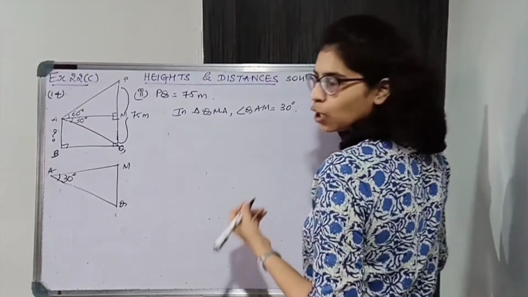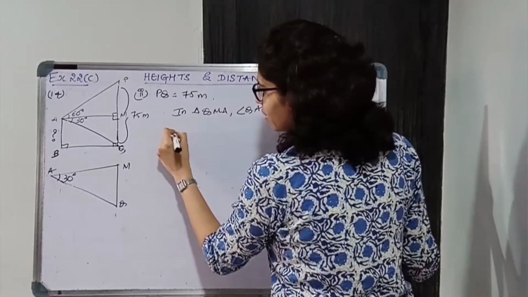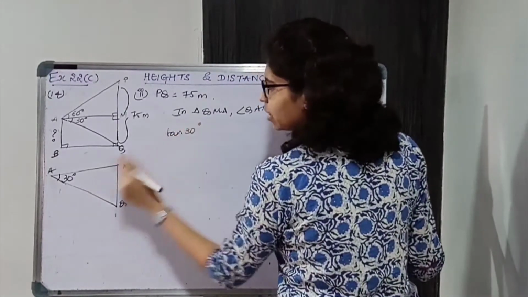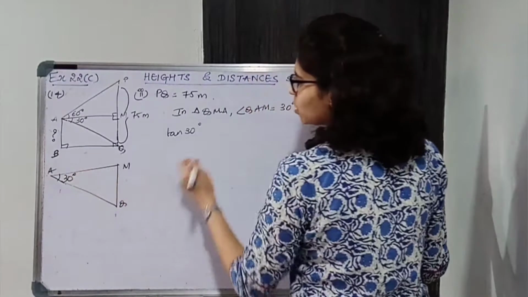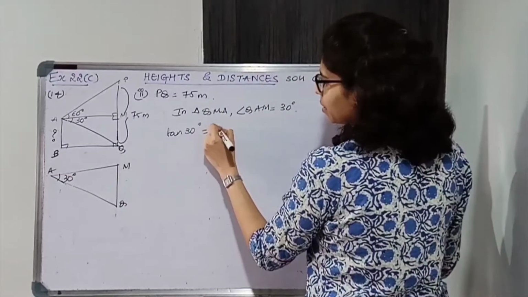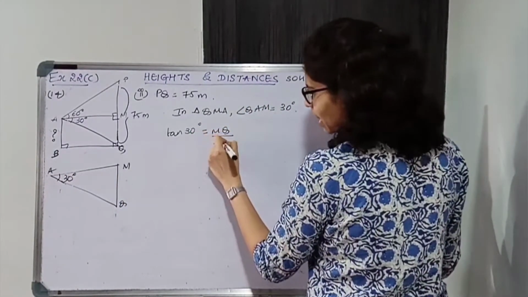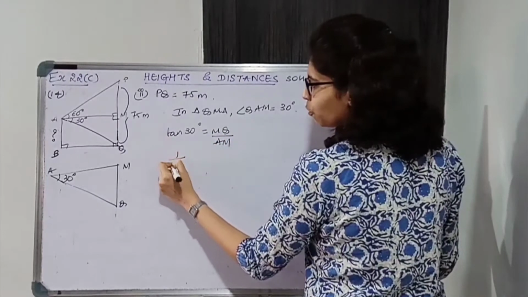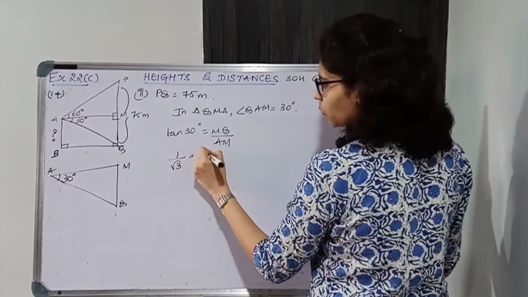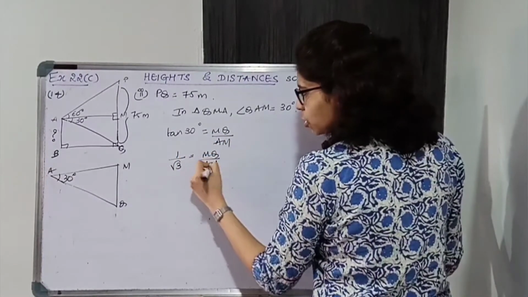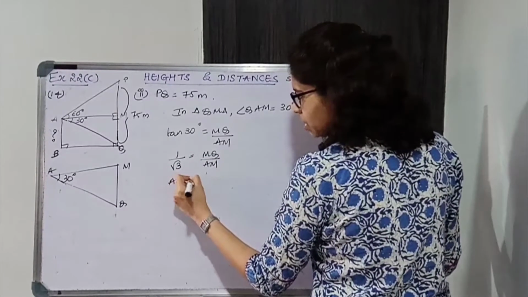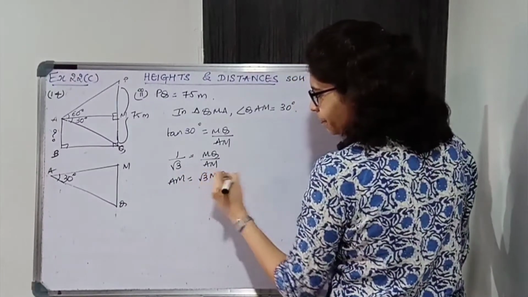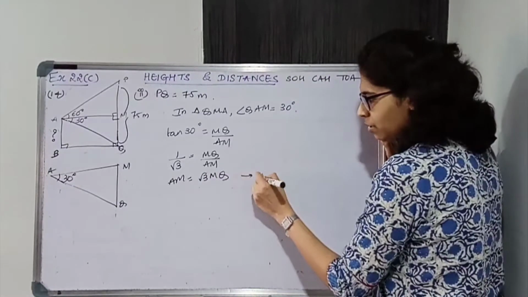Okay, now we'll take tan of the angle because I need to relate angle का opposite and angle का adjacent. So angle का opposite is MQ, angle का adjacent is AM. Tan 30 is 1 upon √3 from standard value table. Okay, cross multiply, so it will become AM is equal to √3 MQ. Okay, mark this as 1.